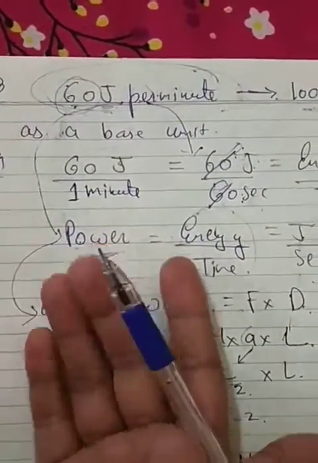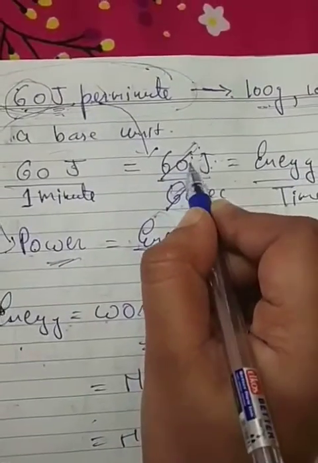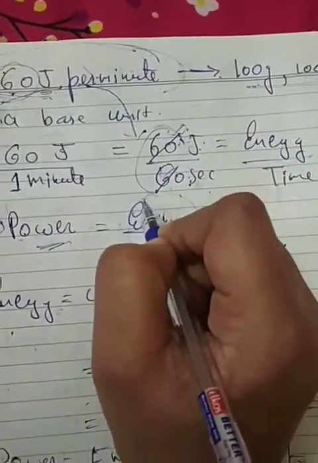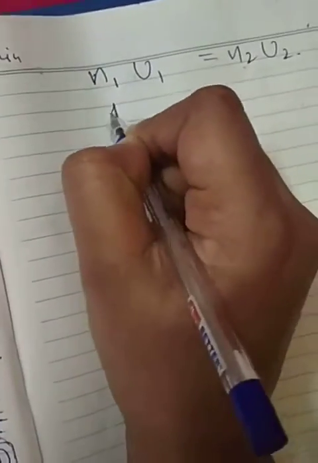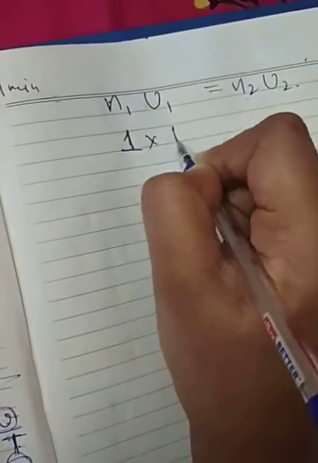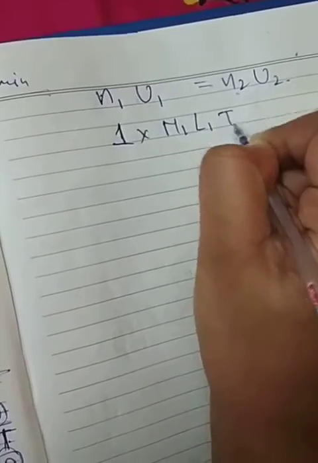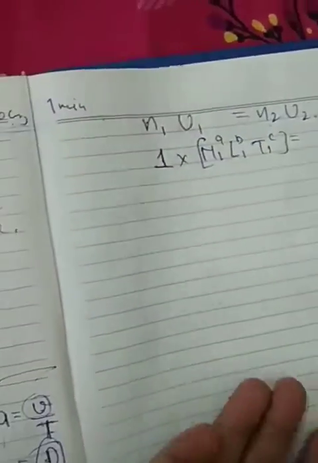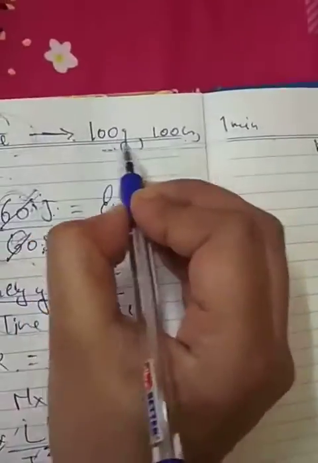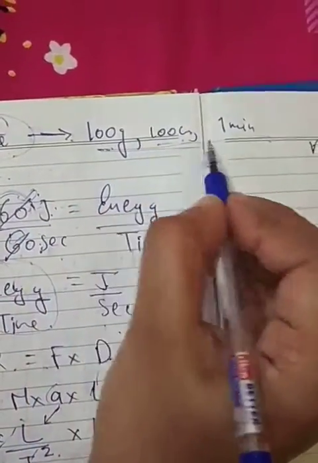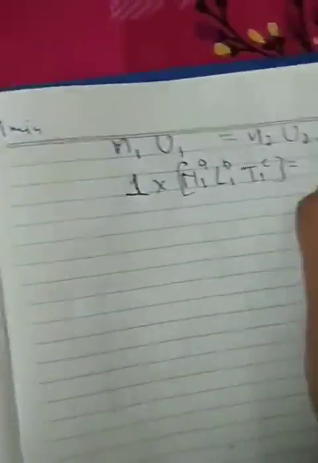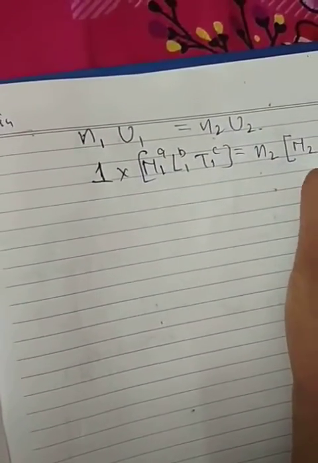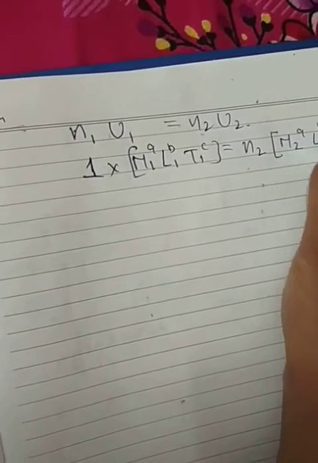So n1 is 1 joule upon 1 second. This represents your n1. n1 is 1, into u1. u1 is M1^a L1^b T1^c. What is my n2? I don't know n2. You have to convert it in terms of CGS system. What is my u2? It is M2^a L2^b T2^c.